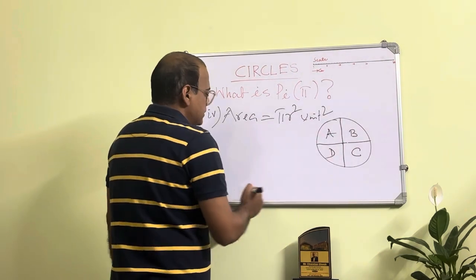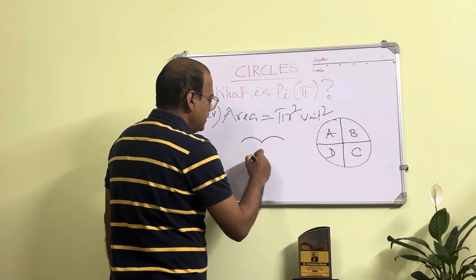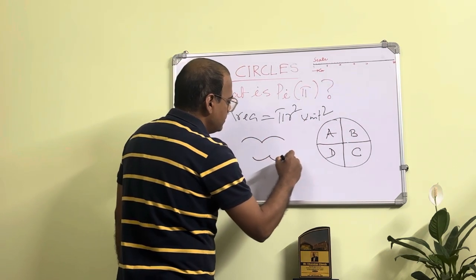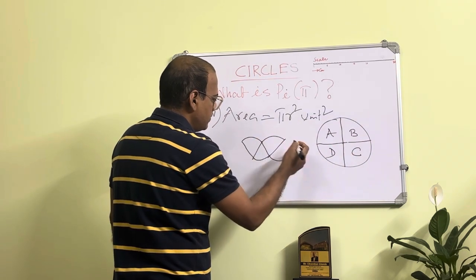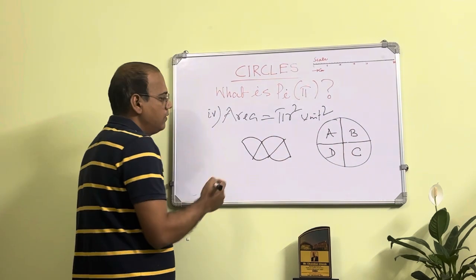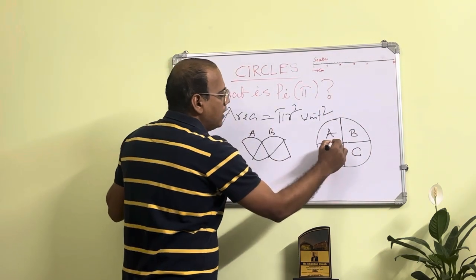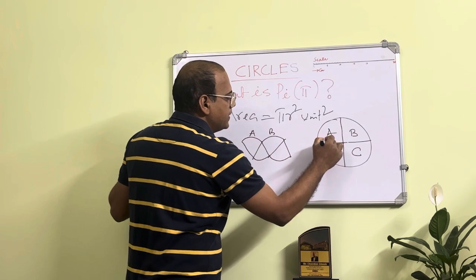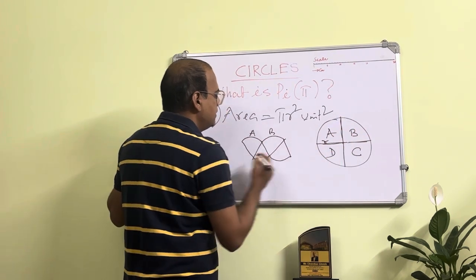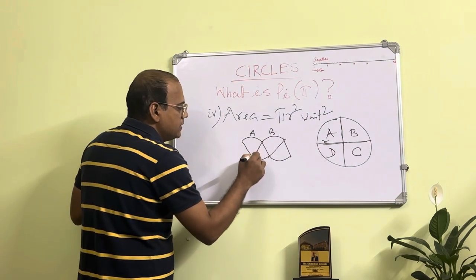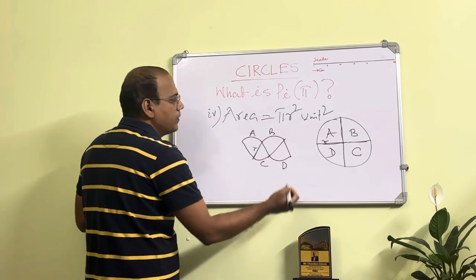So these 4 quadrants, let me give them a shape. So this is A, this is B, and this is radius. All this is radius. So this is radius, and this portion is C and D.